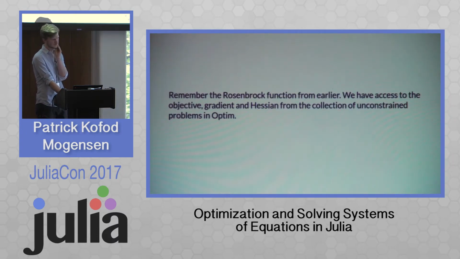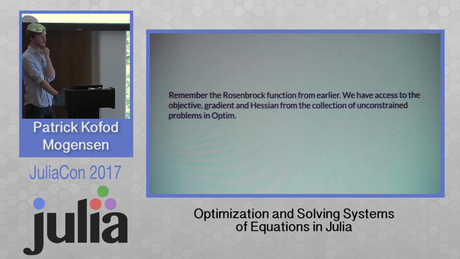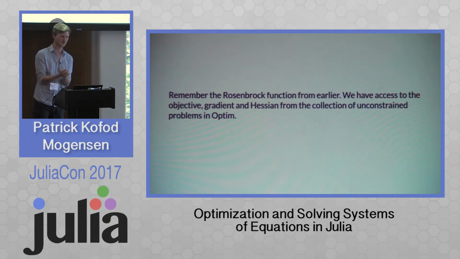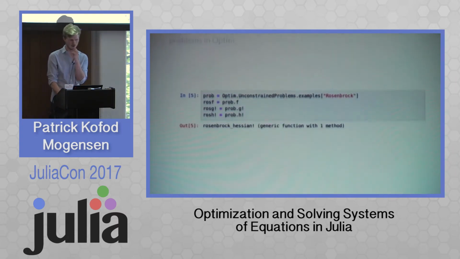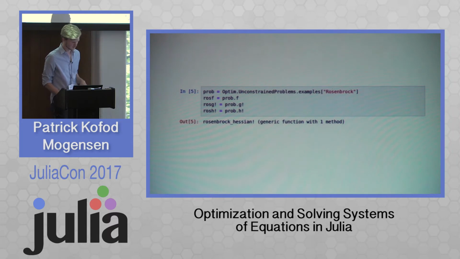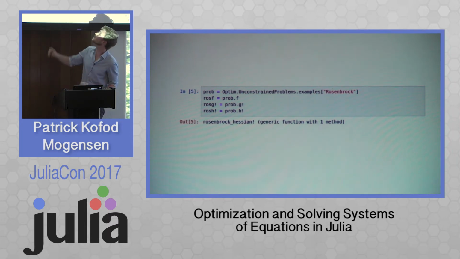Okay. So I showed you another multivariate function earlier, and that was the Rosenbrock function. In Optim, we have a small set of problems that we use for testing the package when we update it. There's not a lot in there, but there are some. And in there, you can find the Rosenbrock function, its gradient, and its Hessian. So you can retrieve it like this.